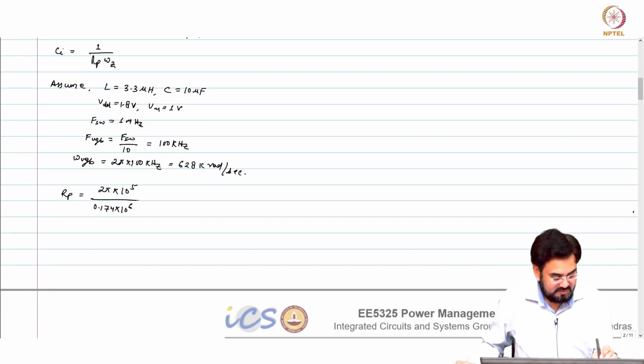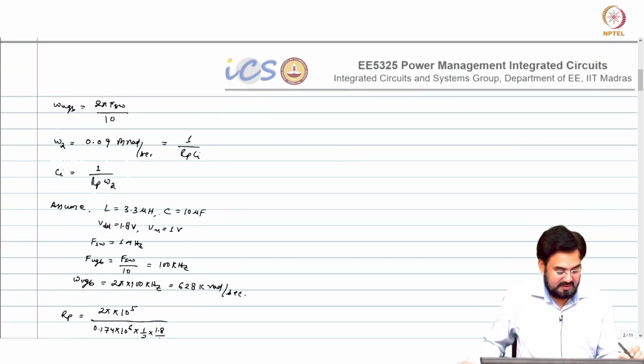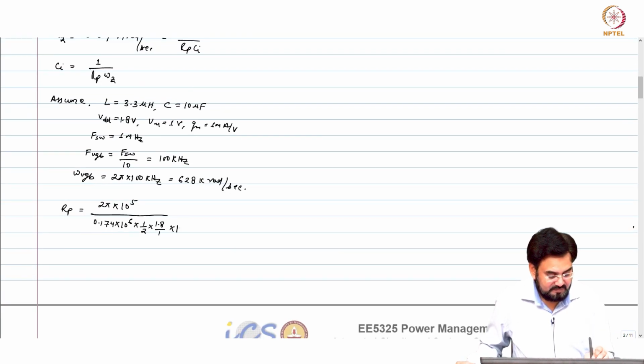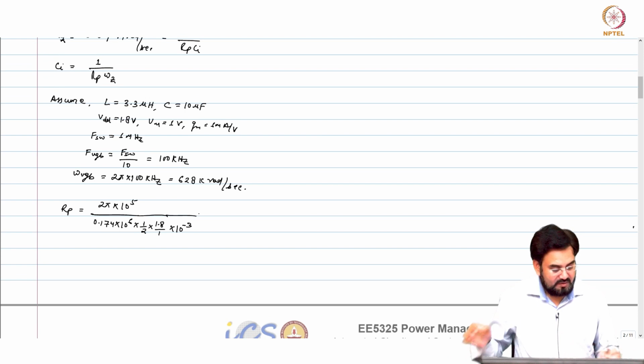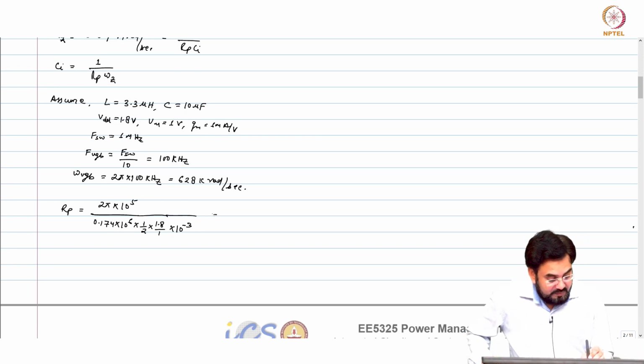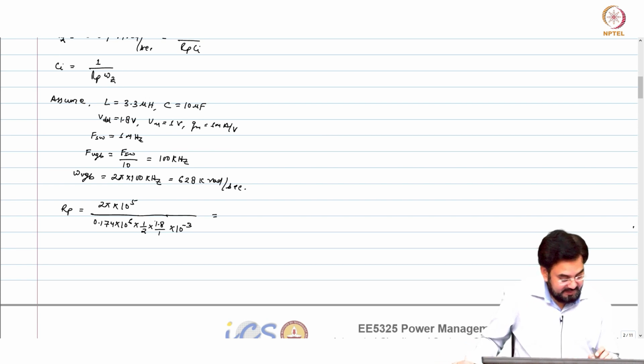Then KU0. So, KU0 is your beta. Beta is half into VDD, how much? 1.8 over 1. Okay. And GM, I am considering 1 milliamp per volt. Okay. So, how much is RP? So, this is 0.9.